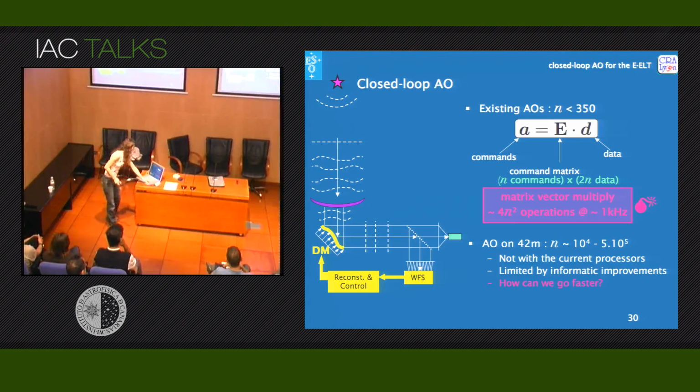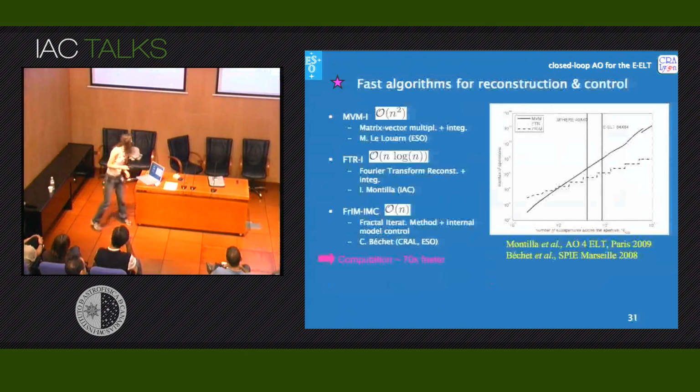The classical is a matrix vector multiplication you apply in real time. It's the way they usually do it at ESO, and it's the one implemented as a reference, because we know well how it works and how it performs. What we did is compare this reference with the new algorithms that were proposed.